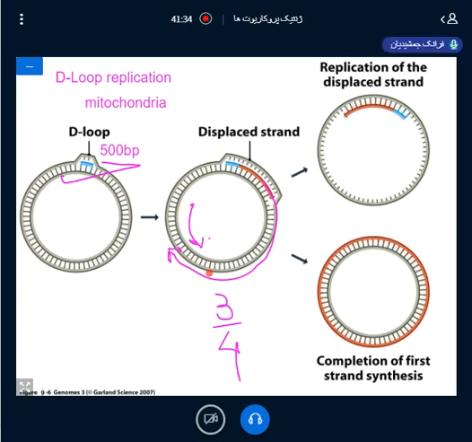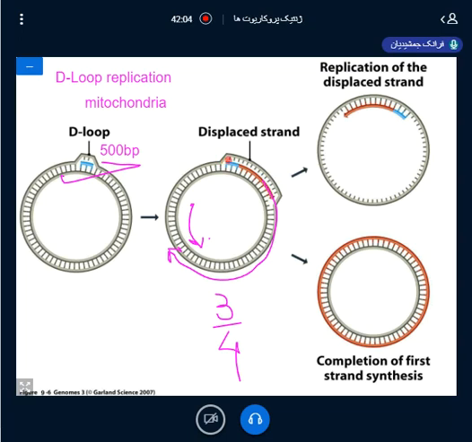Do you want me to repeat it more or do you understand? Okay, it's so easy. Listen, at first, one part of DNA, about 500 base pair, separates, and one primer synthesizes.